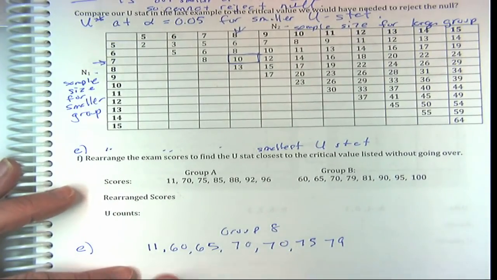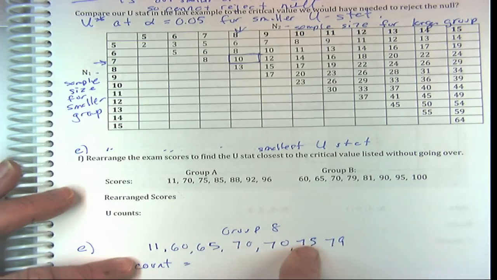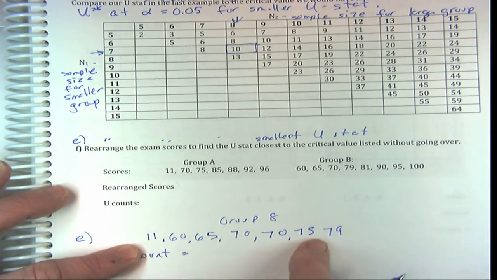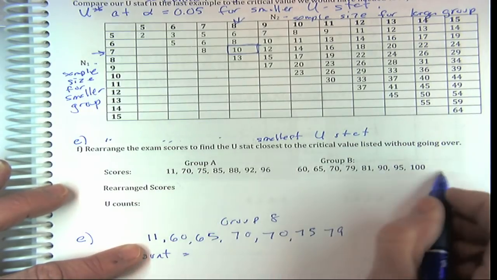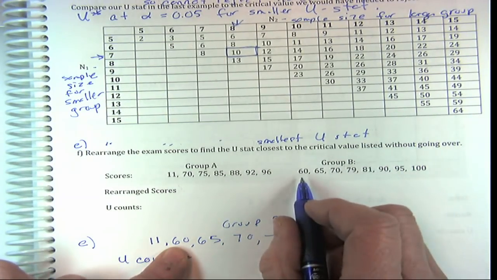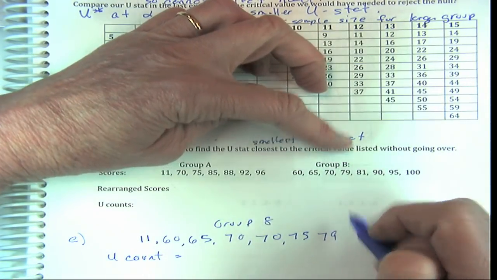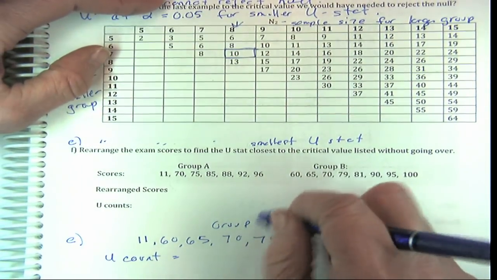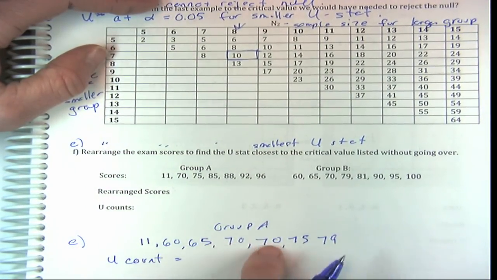What would be its U count? Do any of these beat any of those? 11, 0. Didn't beat any of them. 60, didn't.